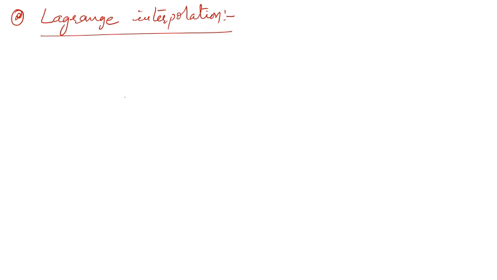Now Lagrange interpolation. First let me apply Lagrange interpolation for the linear form, then the quadratic form. Now you have to write from the beginning. Consider a linear polynomial.